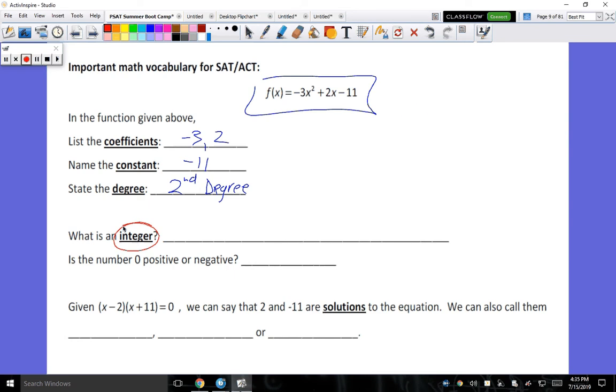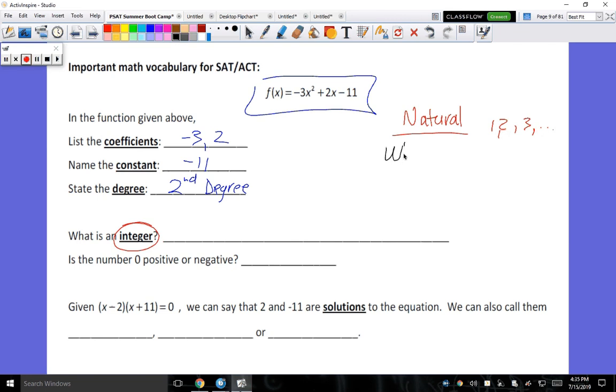The first one that probably fits to start you with are natural numbers. If I naturally told you to start counting, just start counting for me, what would you do? 1, 2, 3. You would start with 1. Those are natural numbers.